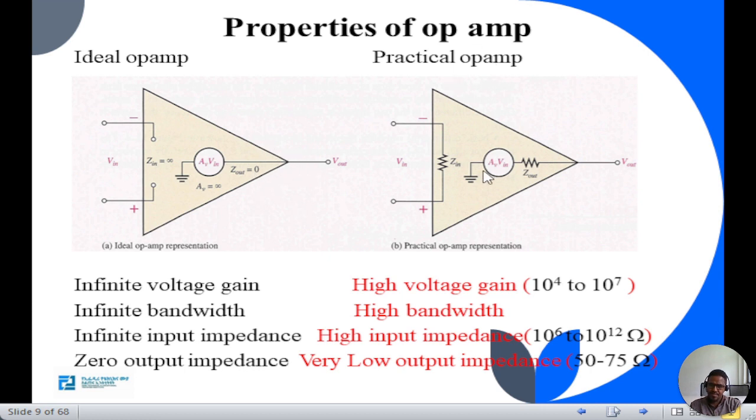But practically it differs. High voltage gain ranges from 10^4 up to 10^7. High bandwidth, in some ranges. High input impedance, 10^6 to 10^12 ohm. Very low output impedance, from 50 up to 75 ohm.